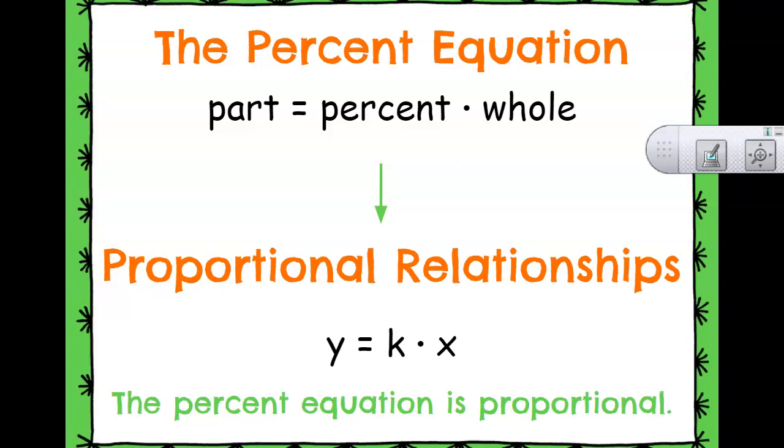In place of the percent, you should recognize the letter k, as in the constant of proportionality. And for the last one, the whole, the proportional relationship equation has the variable x. So y equals kx is the exact same thing as part equals percent times whole.